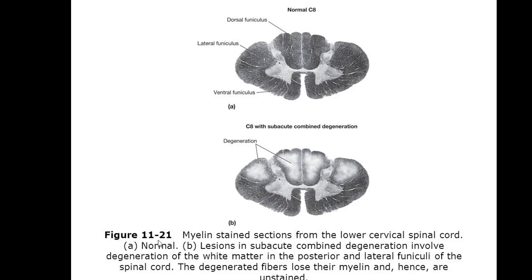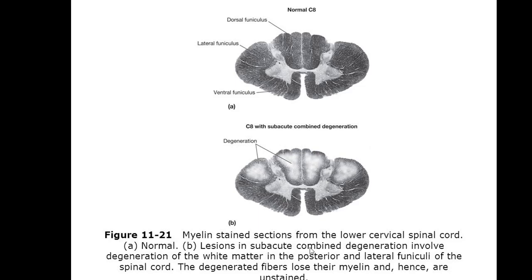Here, in this myelin stain section from the lower cervical spinal cord, this is the normal section. You can see the white matter is very well stained, and this is the patient. Here you can see there is degeneration. There is no staining.